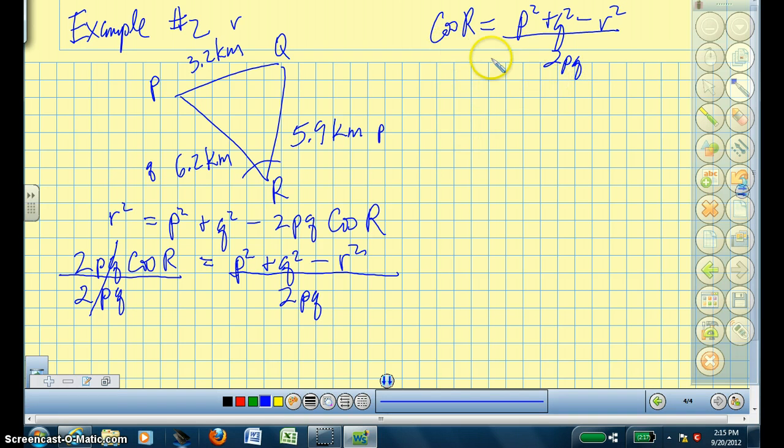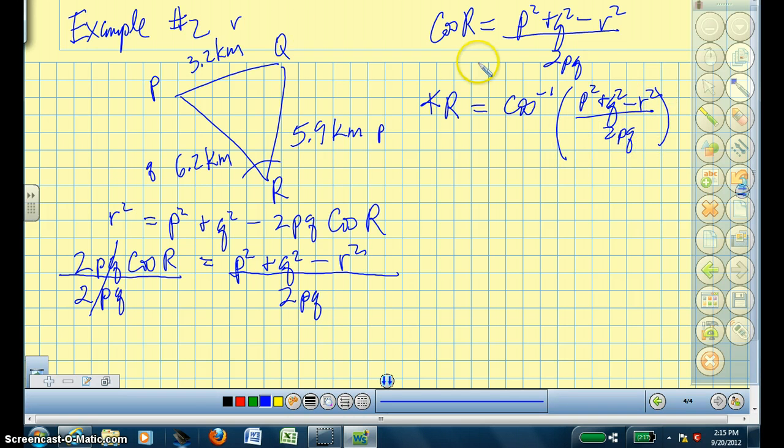Now, because we're looking for the angle, we have to use the inverse cos function. So angle r is equal to cos inverse of this whole expression, p squared plus q squared minus r squared divided by 2pq.